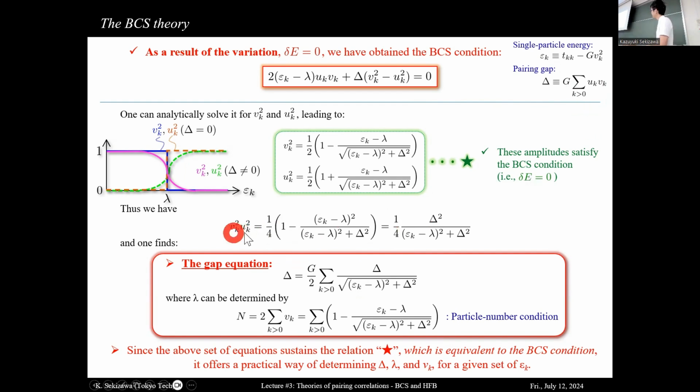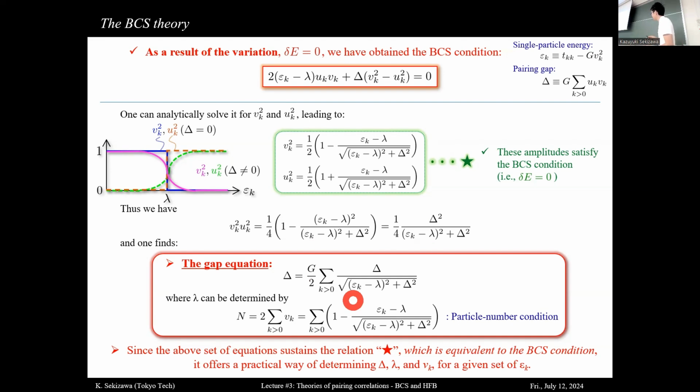And UV can be written in this way using these equations. So delta can be written in this way. This is the equation to determine the pairing gap delta.